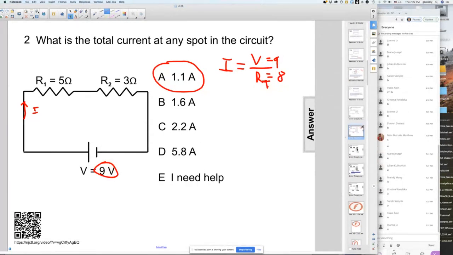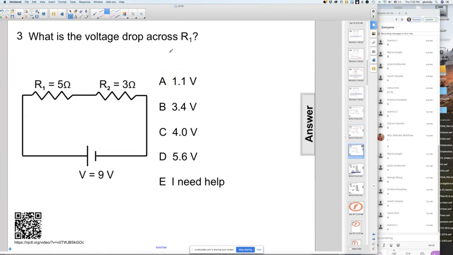Now what else can we answer? What is the voltage across R1? Ohm's law will tell you. We know the current that's running, and we know the resistance, which is written right here.